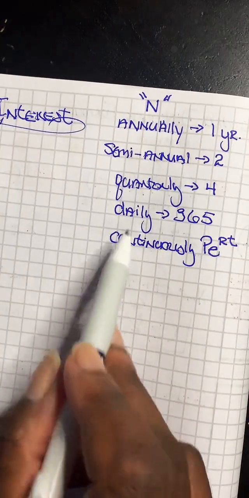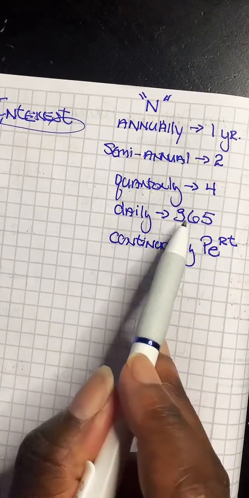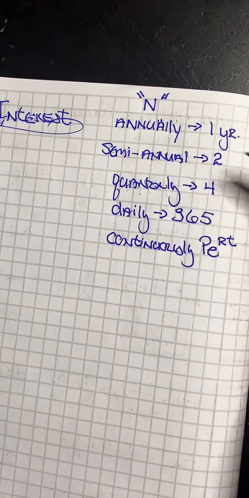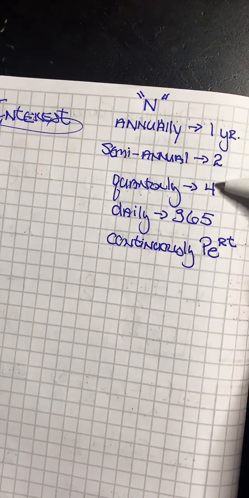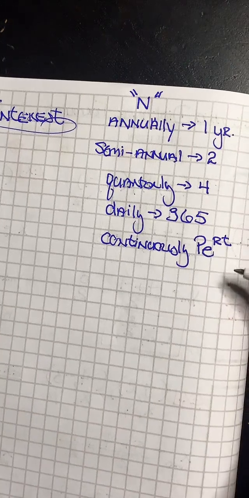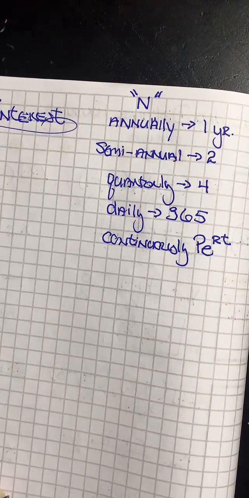No, that's two separate worlds all in itself. So daily would be like 365. Quarterly, you don't see that too often. You'll see probably these more often. And sometimes you may see something that says continuously. That's a different formula all in itself.